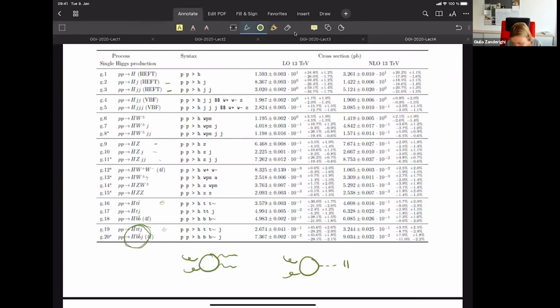This is what we call a loop-induced process, gluon-gluon, top loop, Higgs. The leading order has a loop, so computing this type of processes, or of course computing not only QCD corrections, but also electroweak corrections. But yeah, I think here there are some practical difficulties, but no real obstacles.